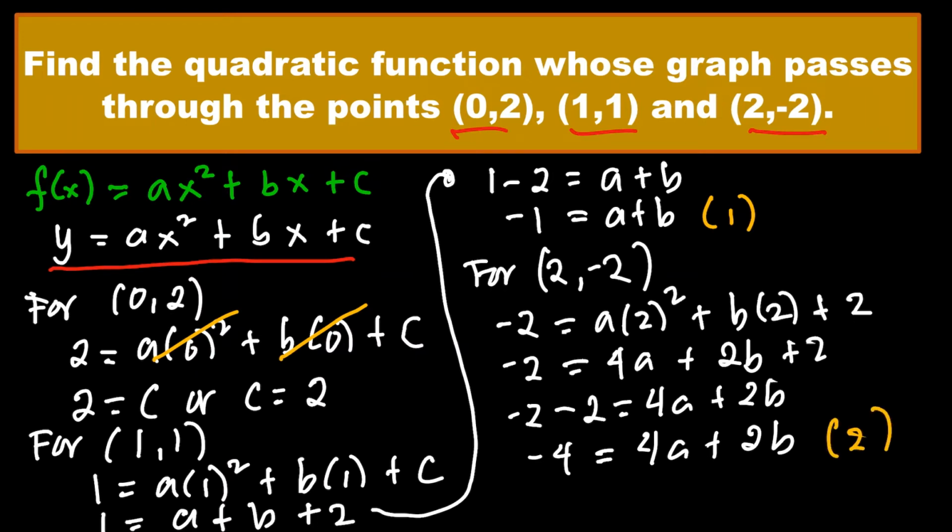If you notice, we can rewrite equation 1 as a = -1 - b. If we transpose b to the left side, that will give us -1 - b. The next thing we're going to do is substitute a from equation 1 into equation 2.